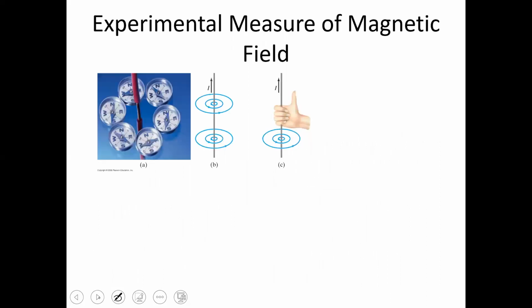So to start with an experimental result, you'll remember from the last set of lectures that Hans Christian Ørsted, you don't need to remember his name, noticed that compasses are deflected near a current carrying wire. And you can actually measure how much they're deflected and come up with a strength of a magnetic field from that.